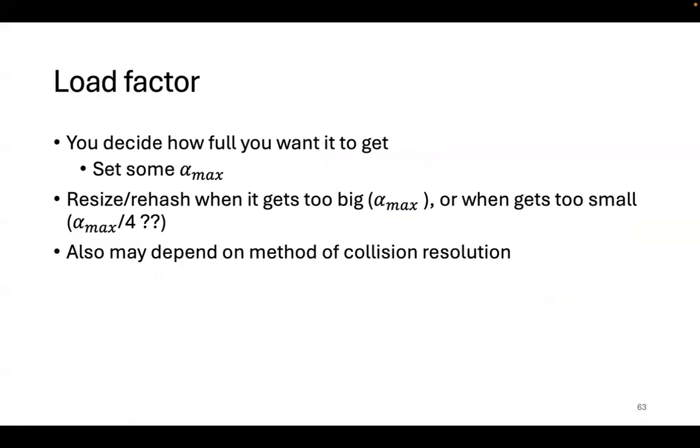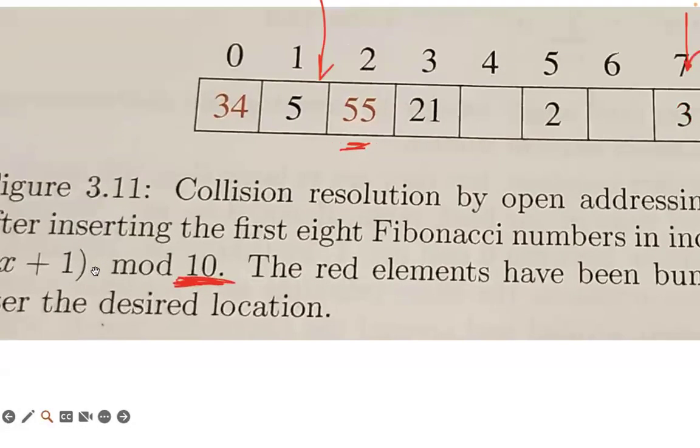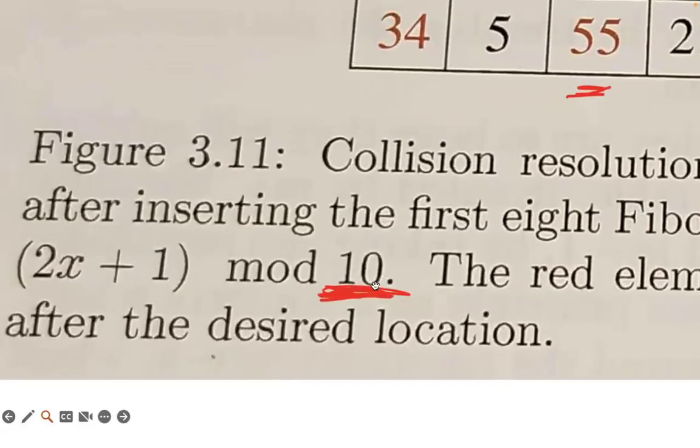Since the hashing function is some function mod the number of buckets, you can keep the function the same, but the mod will be different if you have more buckets, so you just need to rehash all your things. That's why we call it rehashing, because you have to compute this function again with a different mod.